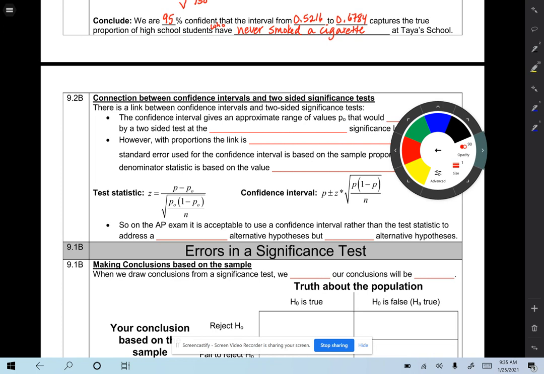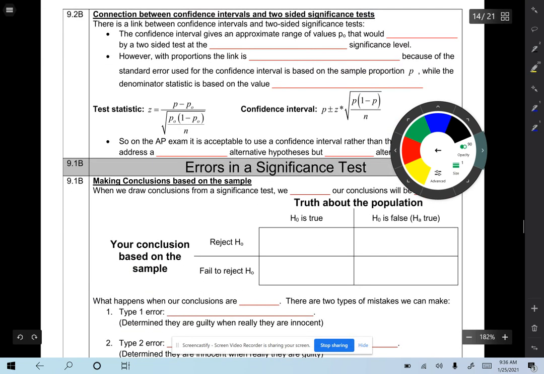The confidence interval gives an approximate range of values p0 that would not be rejected by a two-sided test at the 1 minus confidence level significance level. However, with proportions, the link is not perfect.